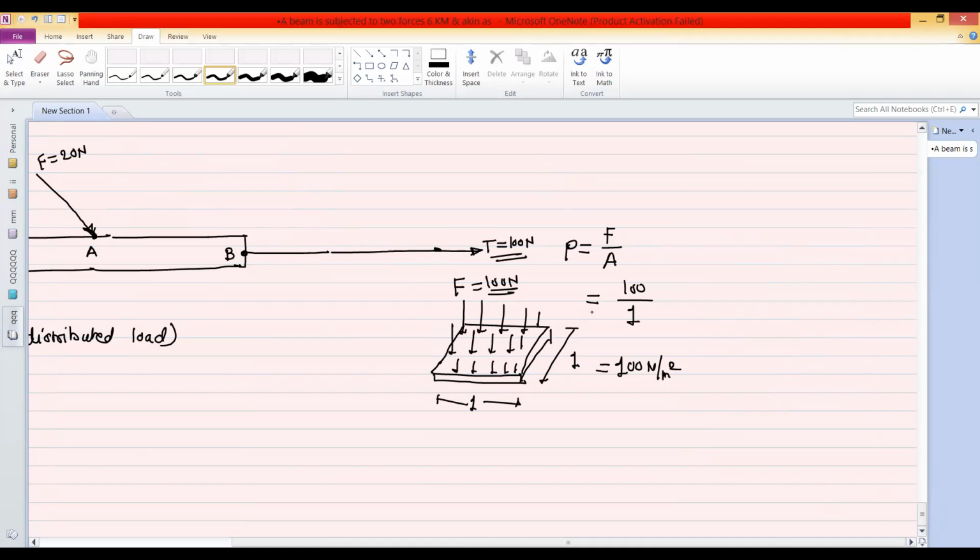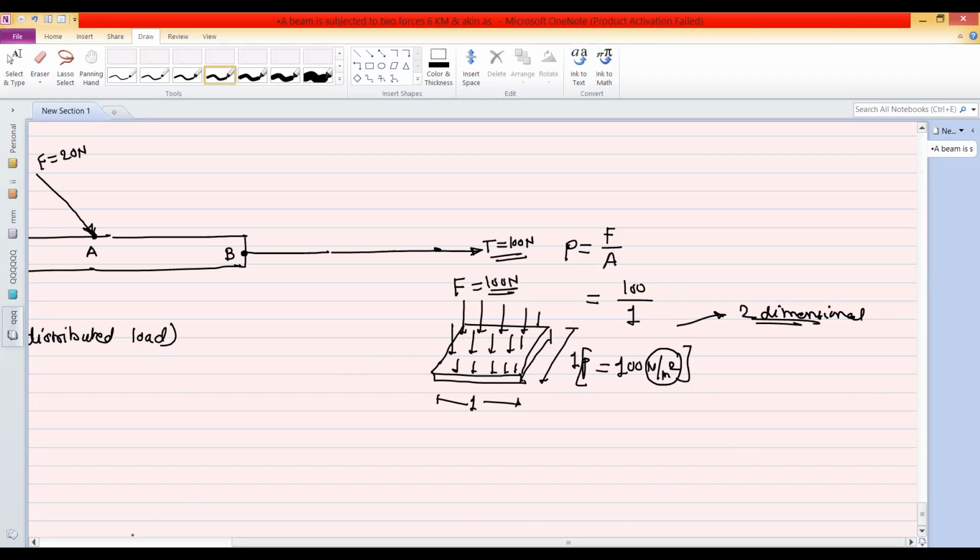Okay. So this pressure P, its unit is Newton per meter square. It shows the distribution of force on the unit area. Okay. So this is the two-dimensional analysis. That is the pressure. Okay.